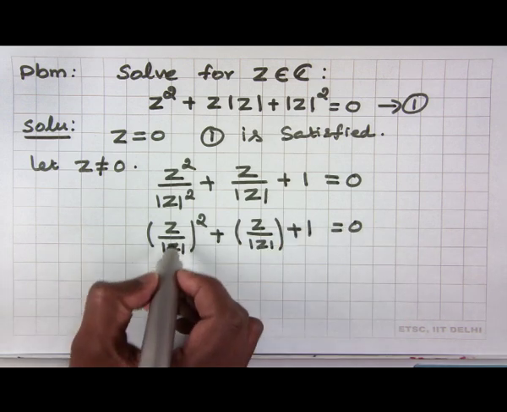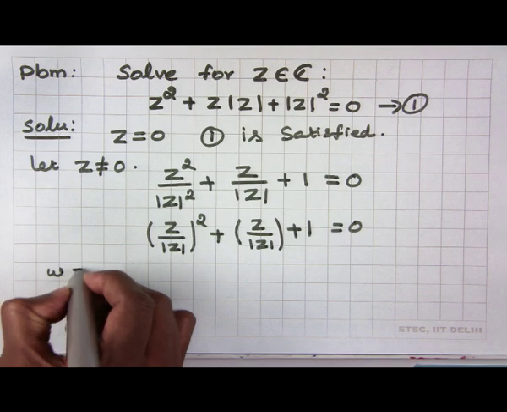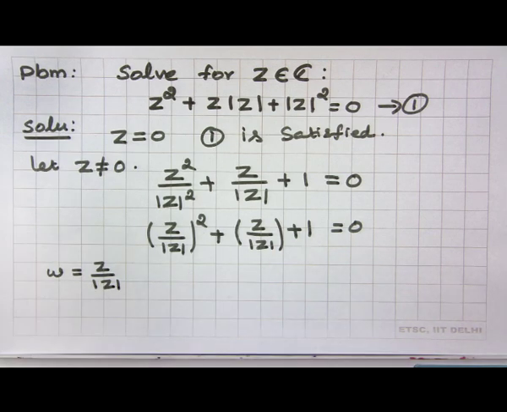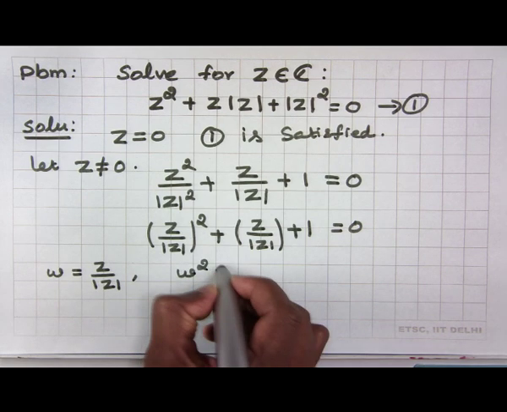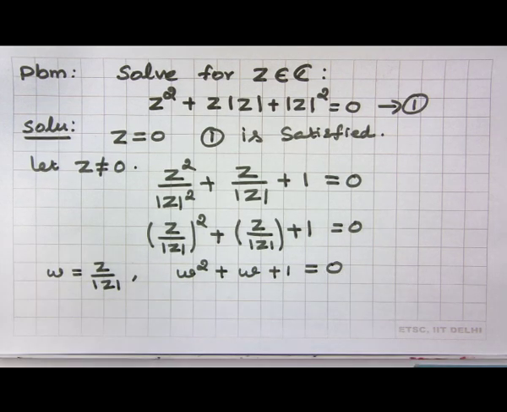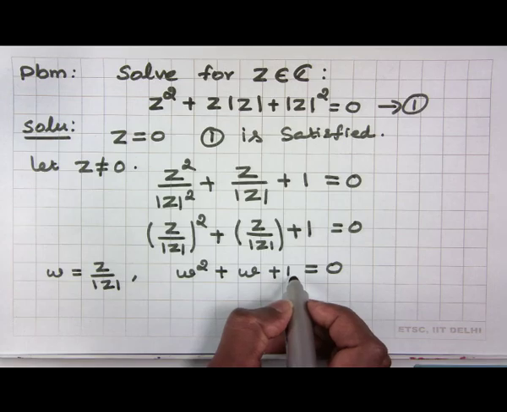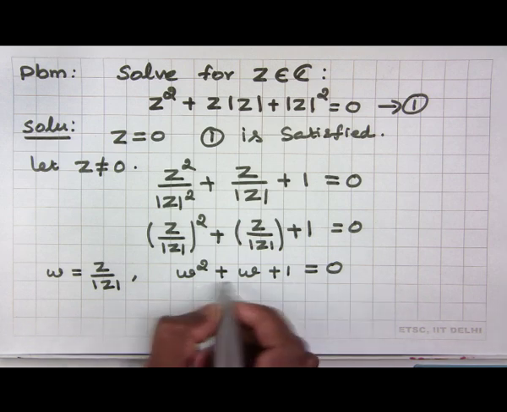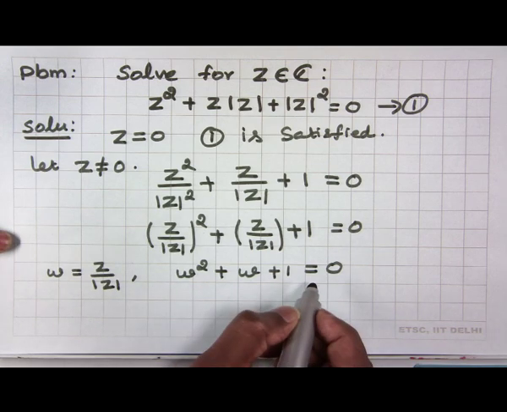So if I consider omega as z by mod z, then omega should satisfy this equation, and we know that there are two unique solutions to this equation, which are nothing but the cube roots of unity, which we call omega and omega square.